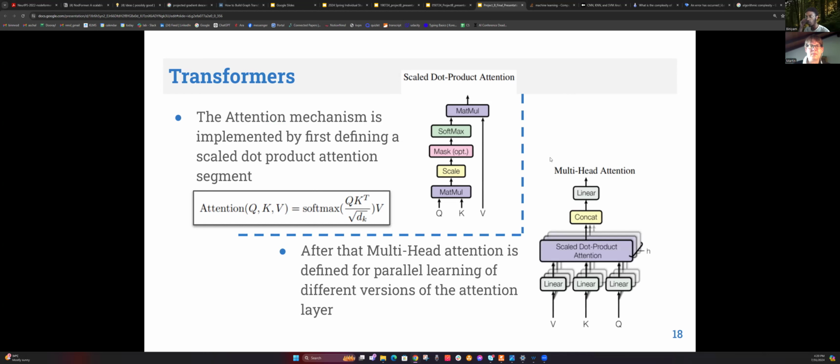And what is special about transformers is we use multi-head attention, and the intuition behind it is that each attention layer could retrieve some feature or some aspect of the relation between the input and the weighted matrices. After that, multi-head attention is defined for parallel learning of different versions of the attention layer.